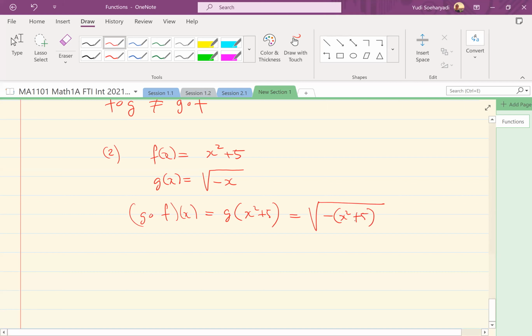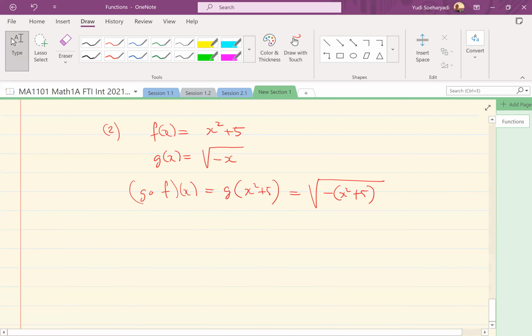As a formula, the formula exists, but it doesn't make sense. It's not defined. Even g of f is not defined.